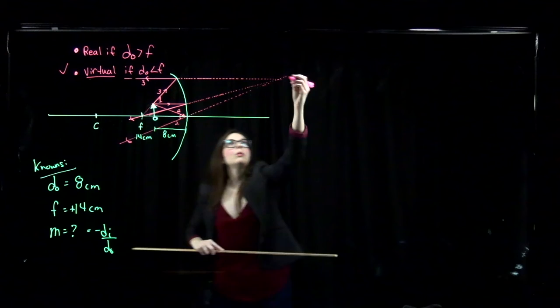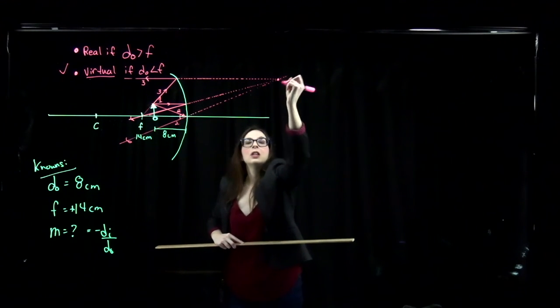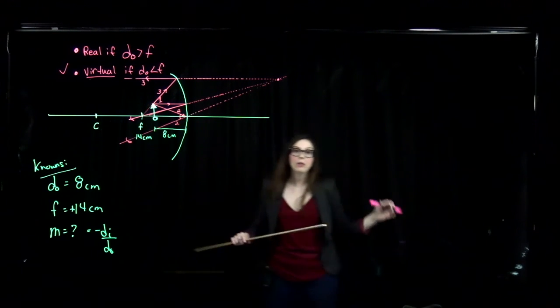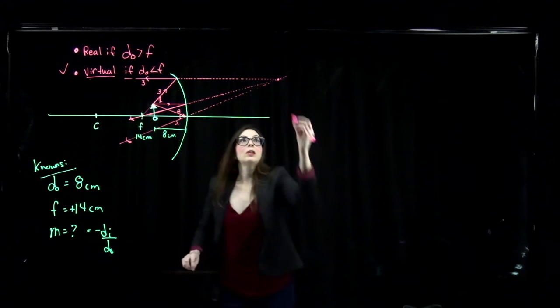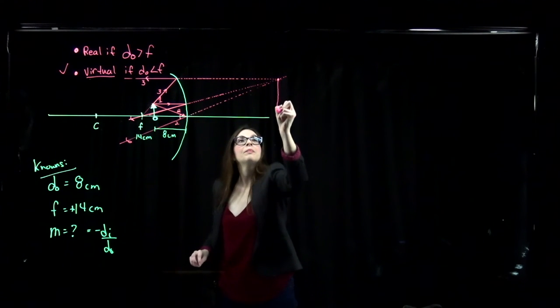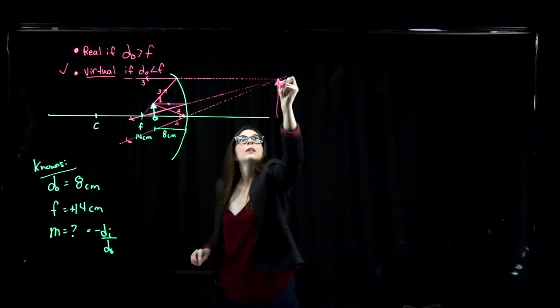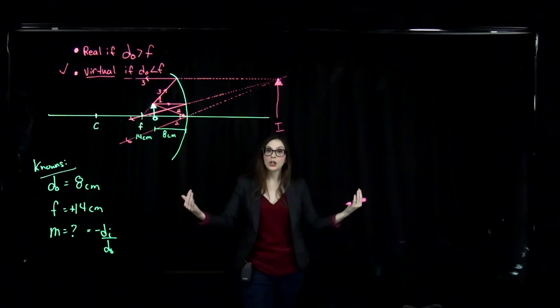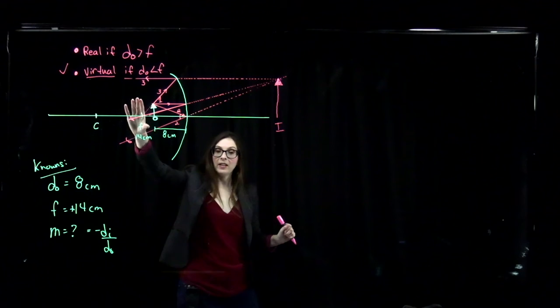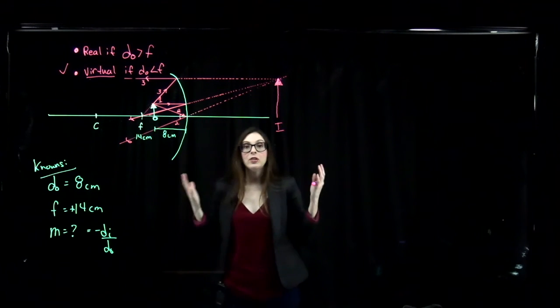So over here where these dotted lines converge, that's where my image for this problem appears. My image is going to appear over here. Okay, so it looks like my image is going to be larger. It's going to be magnified compared to my original object, and it's going to be upright.